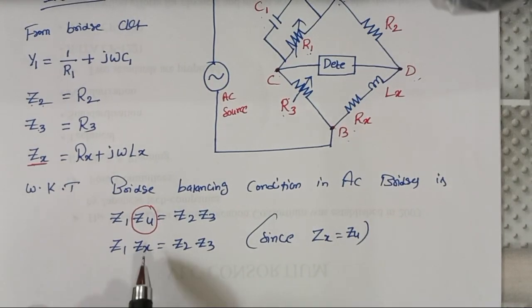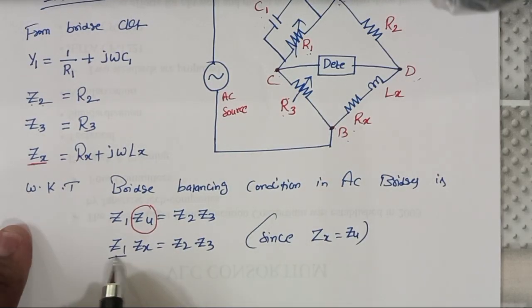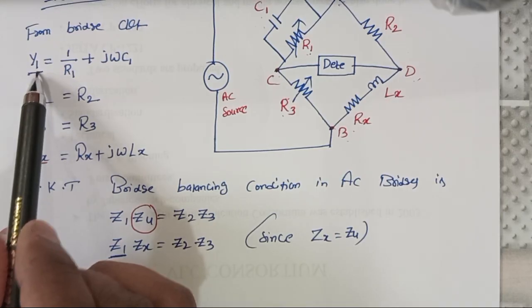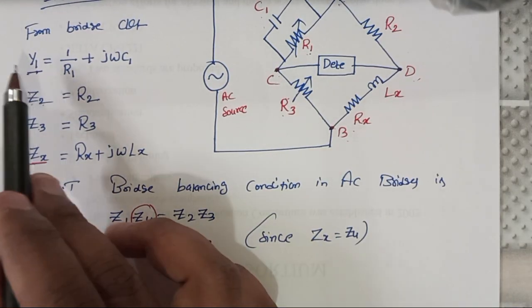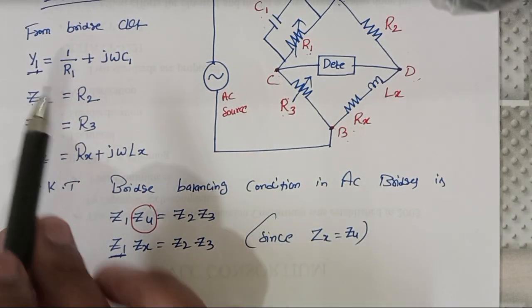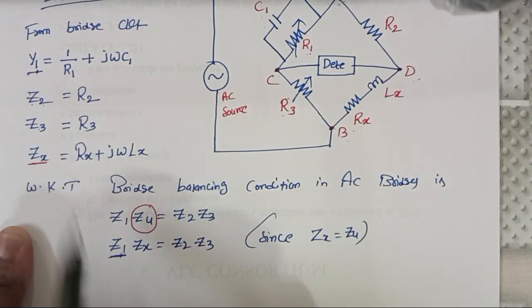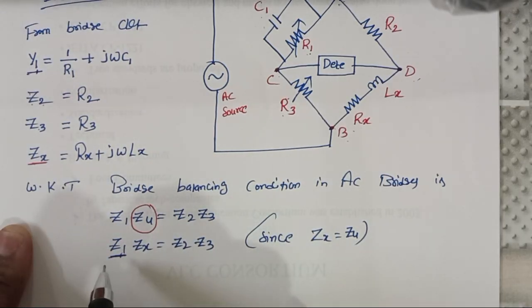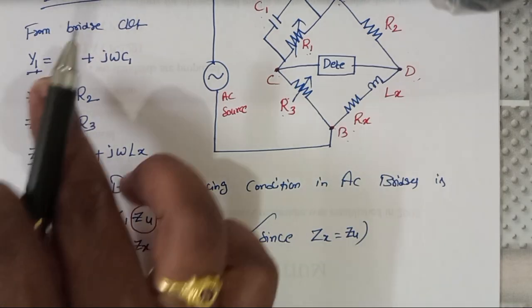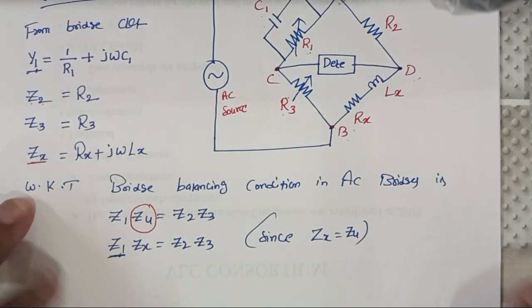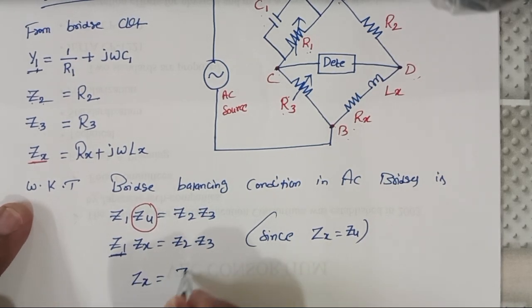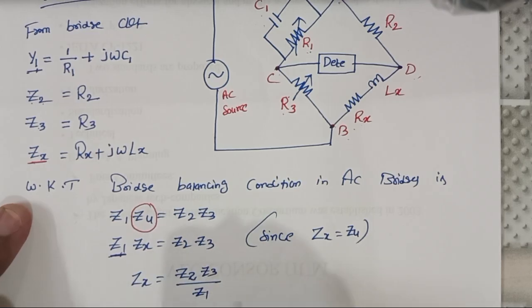Here I have Z1, but in my values I have Y1, so I'm converting Z1 into Y1. The relation between these two is Y1 equal to 1 by Z1. Now I'm writing the expression as Zx equal to Z2 Z3 by Z1.